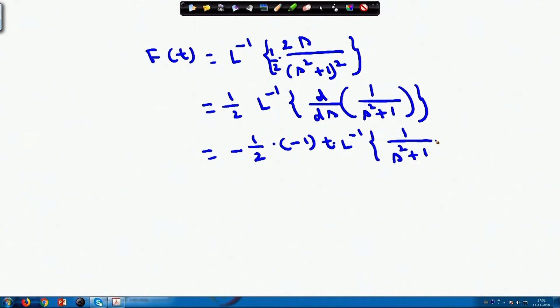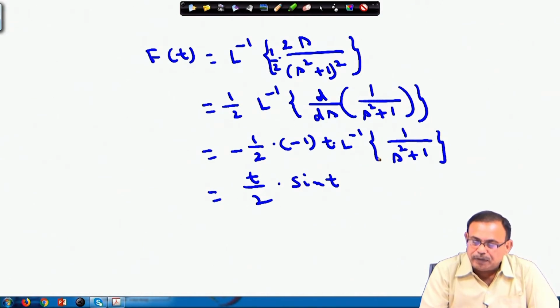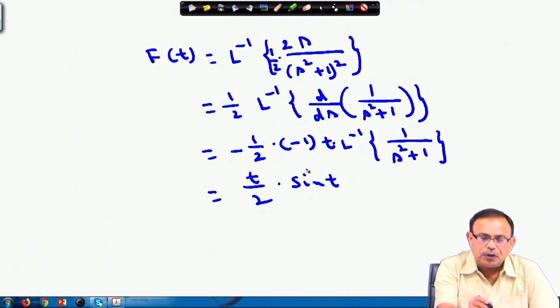This becomes t by 2, and the Laplace inverse of 1 by s square plus 1 is sin t. So after d/ds I take the derivative, and after that I get the Laplace inverse of 1 by s square plus 1. Therefore, for that integral equation, the value of f(t) is t by 2 into sin t.